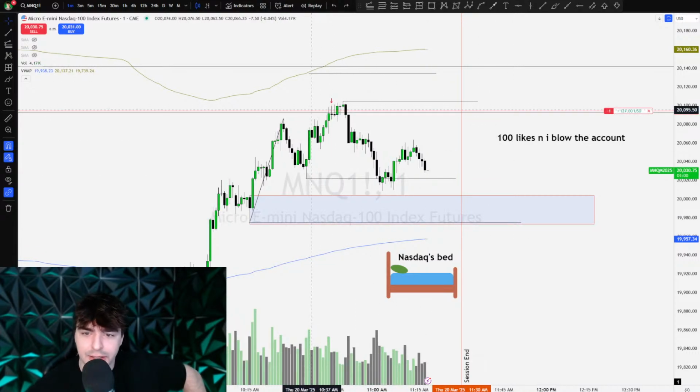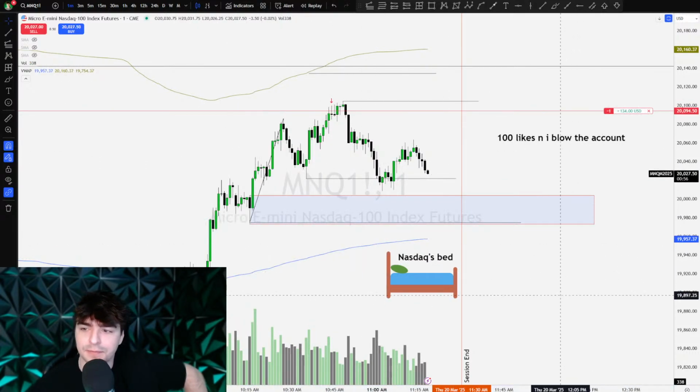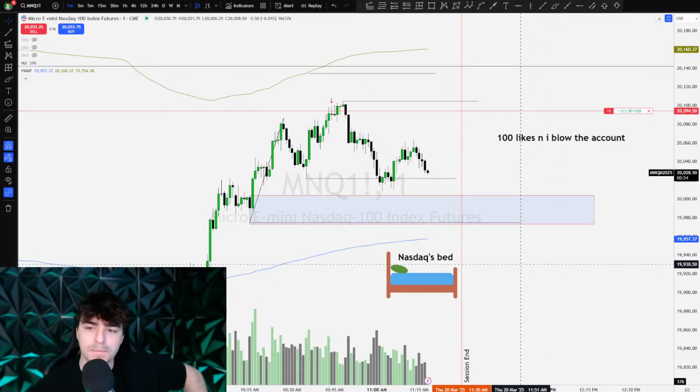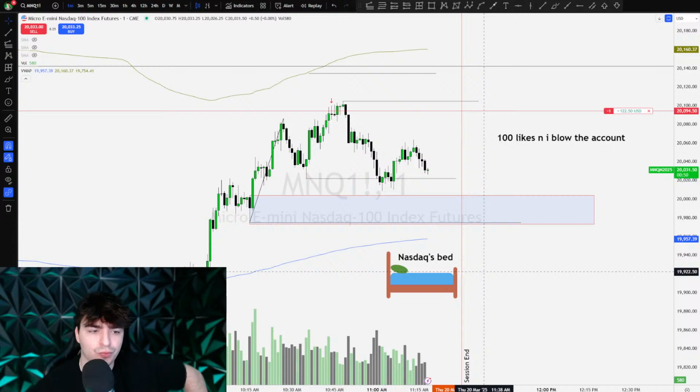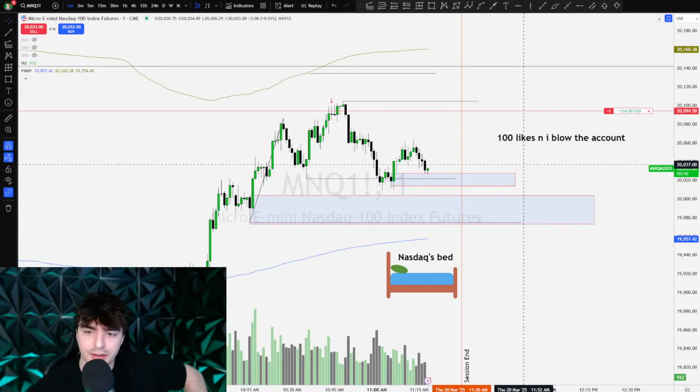Entry is spectacular. Now I just need an exit. And don't you dare use this tiny little demand level as an area of support now. Don't be bad.